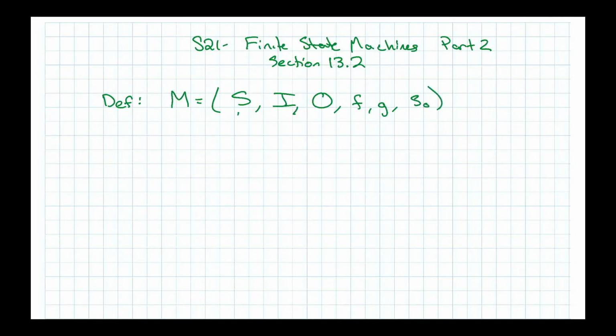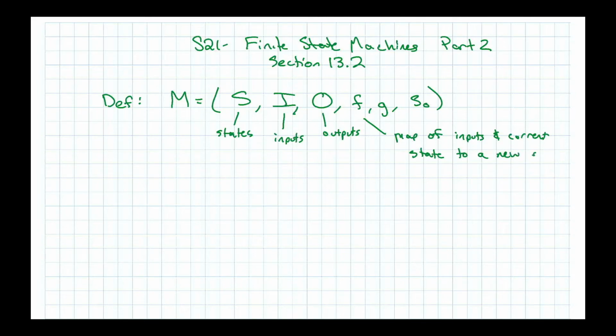These are the states, the possible inputs, and the possible outputs of your machine, like actions that the machine should take. F is a map of inputs and current state to the new state, which could be the same as the old state, but doesn't have to be.